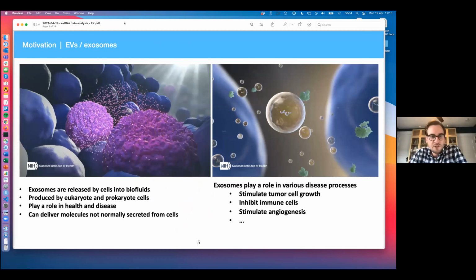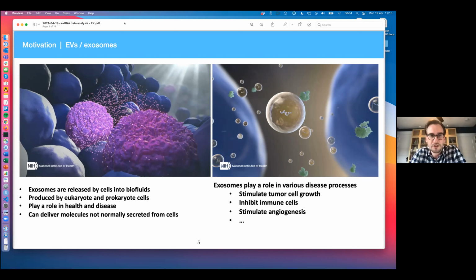So exosomes and EVs specifically, as I mentioned, they're released in a metabolically active way by all cells. Almost all biofluids that we've chosen to look at have yielded exosomes and EVs and RNA within them. They're produced by almost all of your cells, and I think an important point is that they can often deliver molecules or expose molecules to the extracellular space that would not normally be secreted by cells.